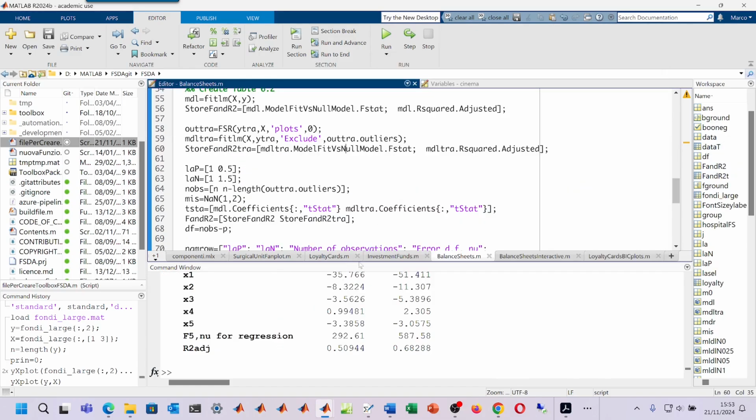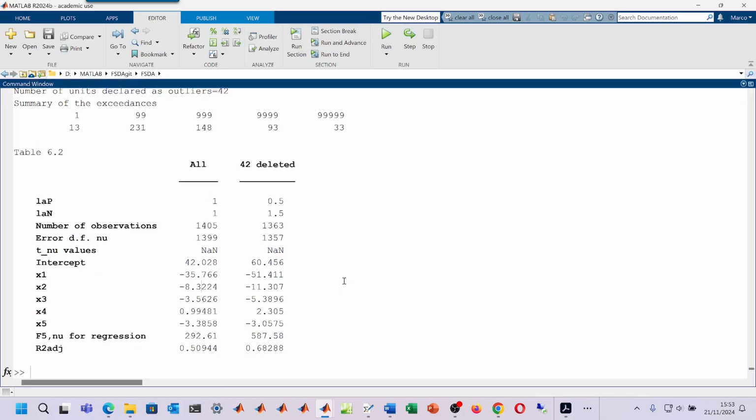We compare the fit in the original scale, with no transformation, and the fit after deleting the outlying observations. What immediately comes out is the big difference in the adjusted R-square, which goes from 0.5 to something like 0.69. As concerns the t-statistics, the significance for transformed data has increased.